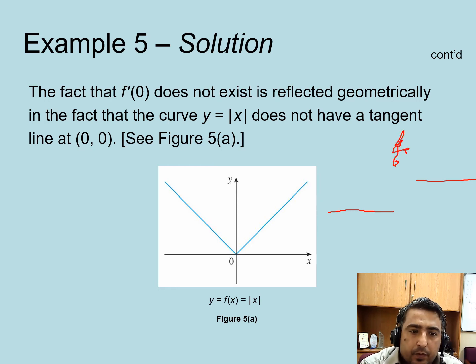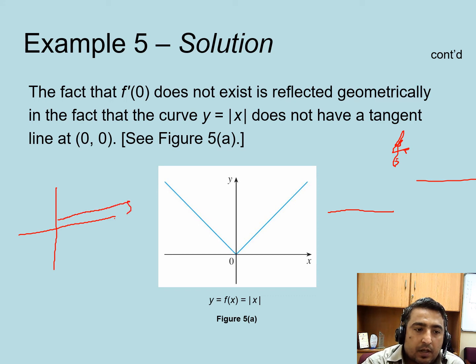Now the derivative of this is 1 and the derivative of this is minus 1. So y is equal to 1, and y is equal to minus 1.